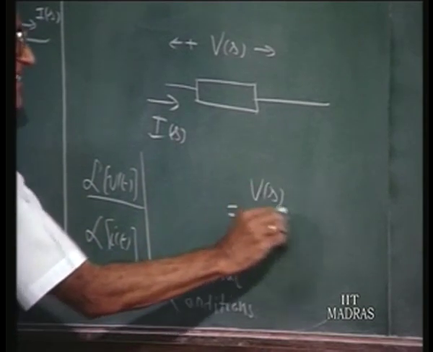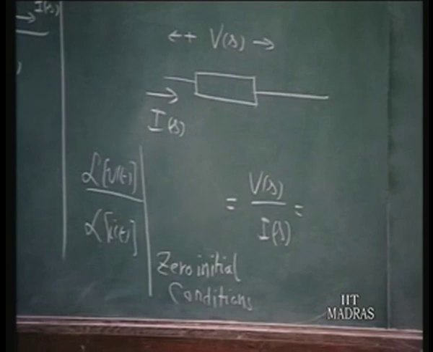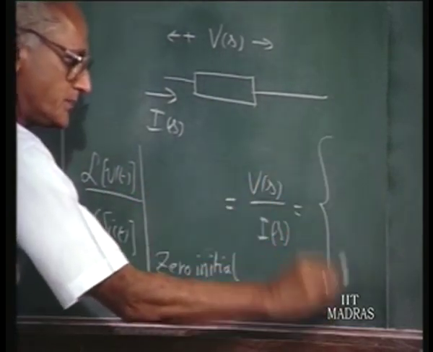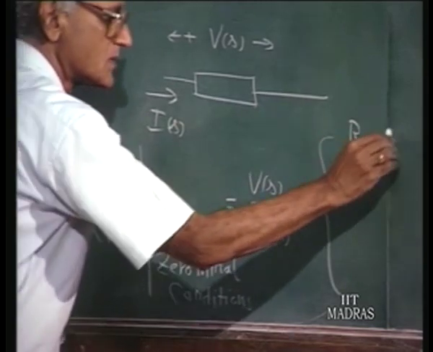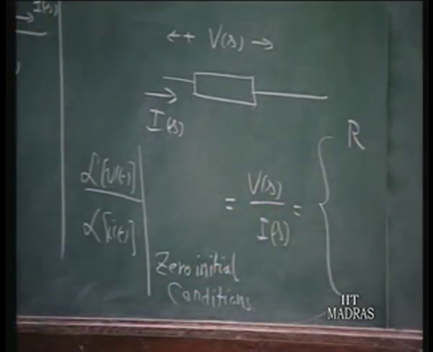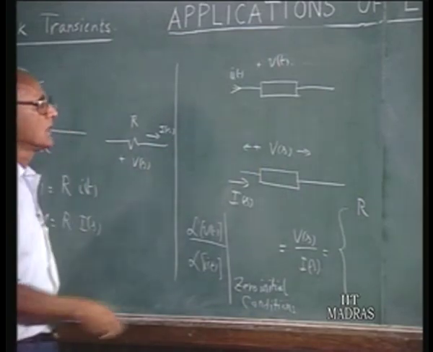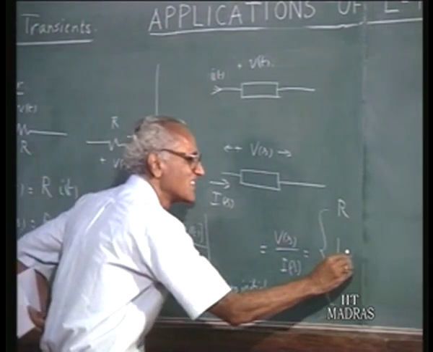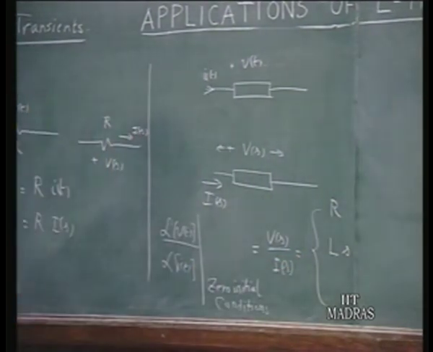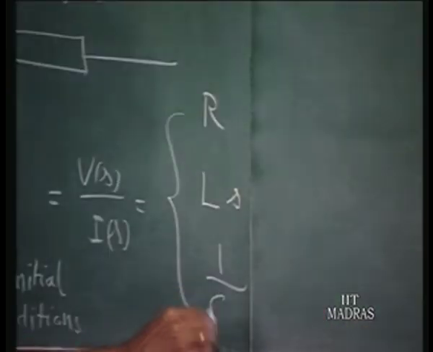So if these are V(s) over I(s) respectively, this ratio will be equal to R for the case of a resistor. If this box contained a resistor R, V(s) over I(s) is R. If this box represents a pure inductor, this will be Ls. And if this box represents a capacitor, it will be 1 over Cs.